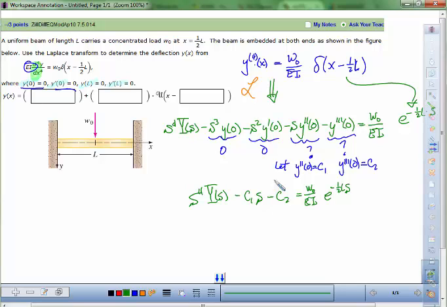So let's solve for this. Y of s is equal to all this stuff.